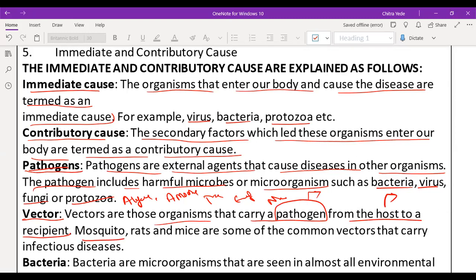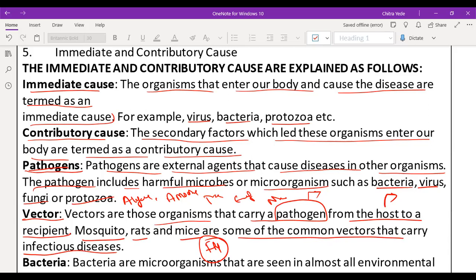Like we have mosquito, rat, mice, and even flies, the house fly. It is not mentioned, but it is a very important vector. Flies and mice are some of the common vectors that carry many infectious diseases from one person to another.